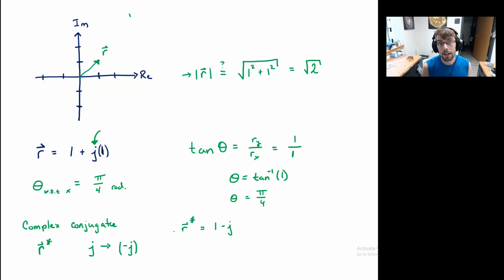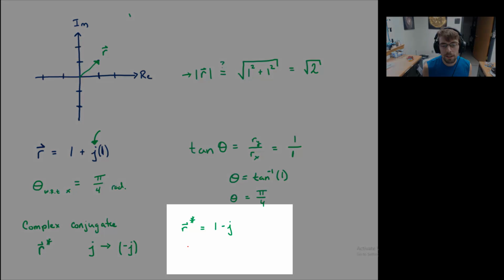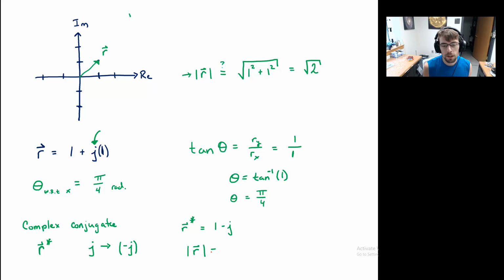And that idea is sometimes helpful for determining the magnitude of a vector, because we can take our expression for the magnitude and write it this way: the magnitude of the complex vector is given by the complex conjugate dotted into the regular vector, and everything is square rooted.